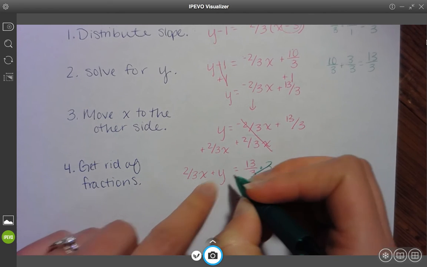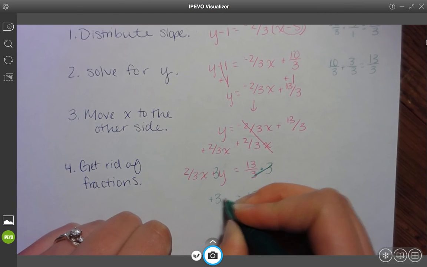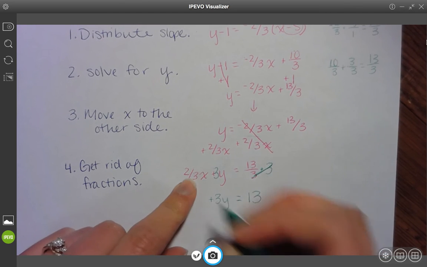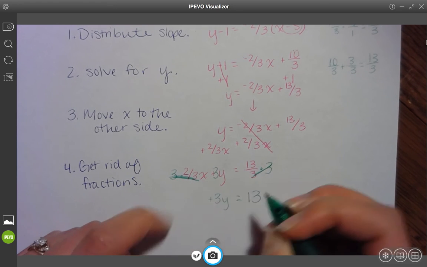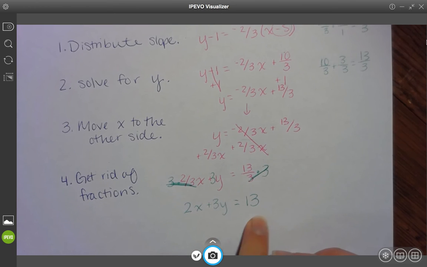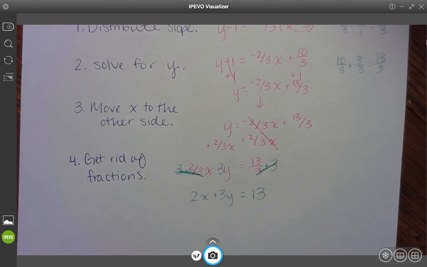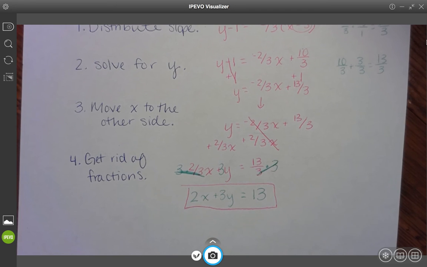If I multiply y by 3, I just have plus 3y. And if I multiply 2/3 by 3, the 3's will cancel here, and I'm left with 2x. Now I have whole numbers, and that is my equation in standard form.